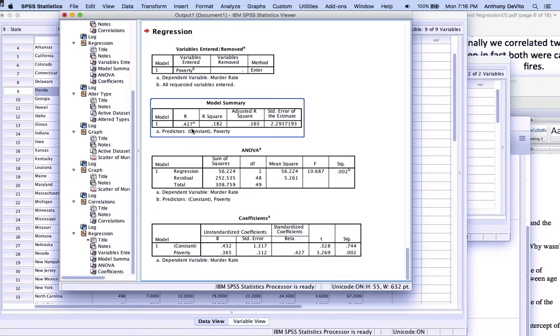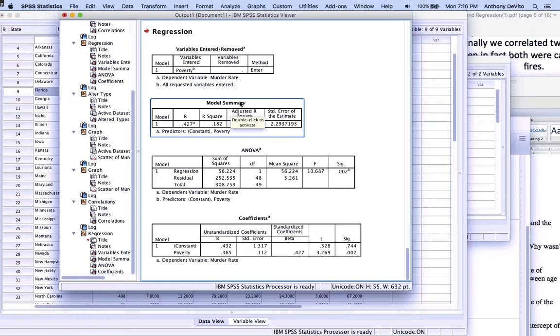Our R value is 0.427, and when you square that, you get 0.182. Only about 18% of the variability in the murder rate can be attributed to the poverty rate. That means most of the variability in the murder rate is due to some other factors. It's not like it doesn't have an influence, right? It's 18%.